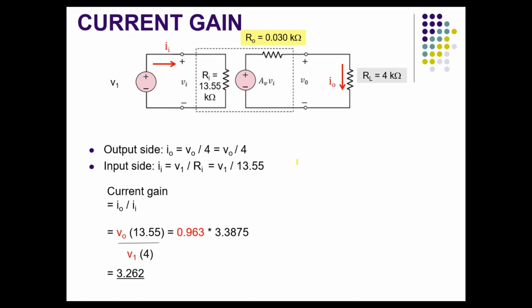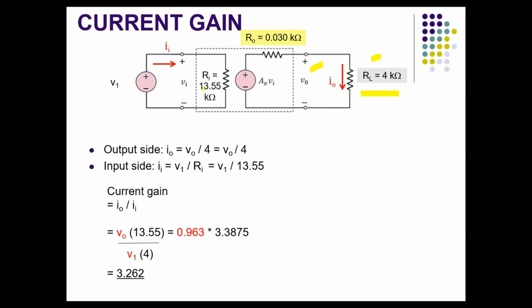So I have mentioned just now, common collector is normally used to amplify the current. So because you have RL, you can calculate what is the current gain. So Io is equivalent to Vout over 4. The voltage across your RL is Vout over 4, so just Ohm's law. And for your Iin, it is equivalent to Vi over Ri.